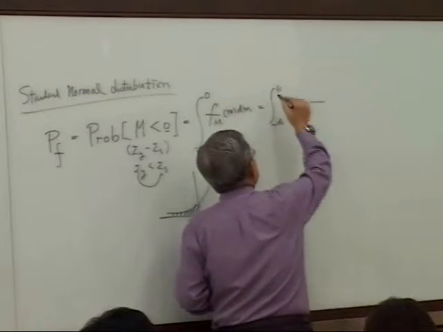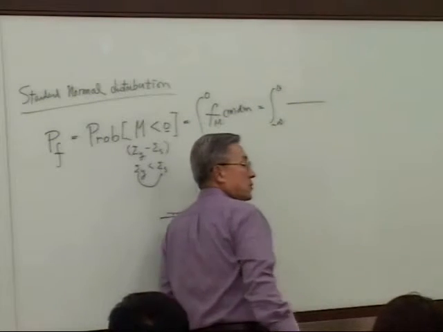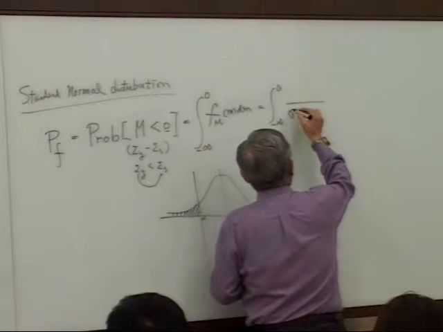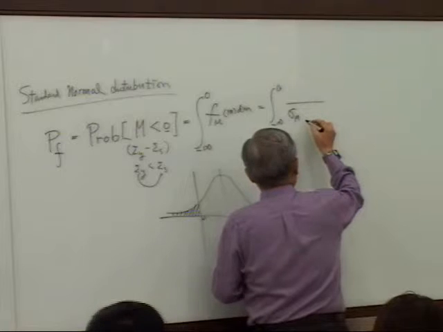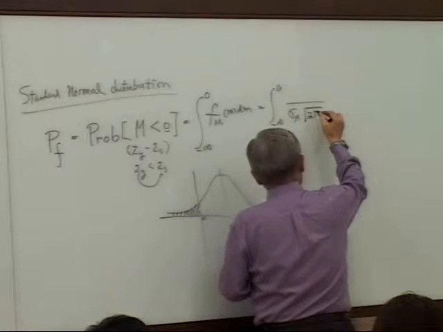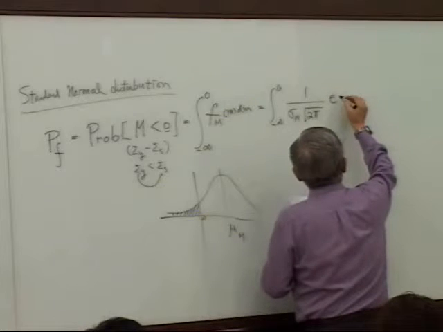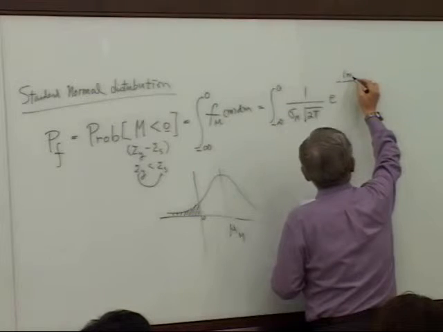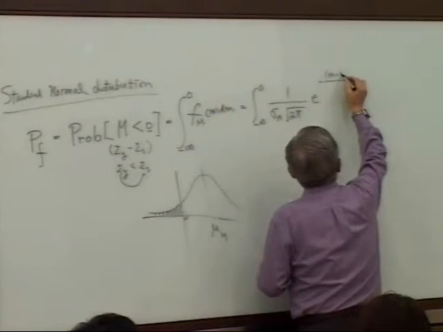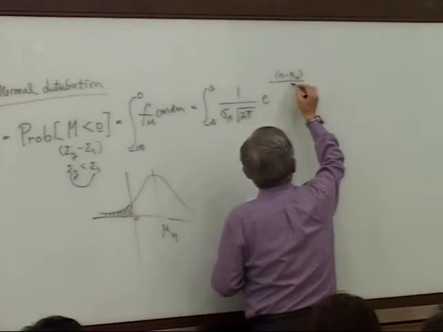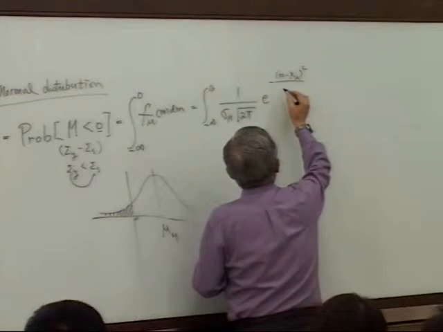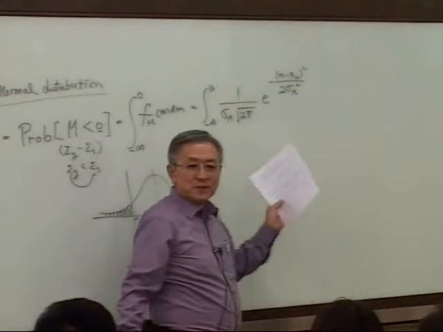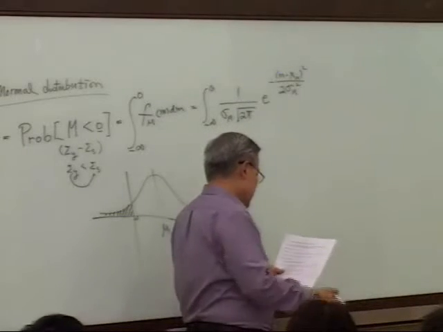Then you have to bring in the normal density function, right? So for the normal density function, I have to write this as 1 over sigma m root 2 pi, e to the minus m, the variable is m, minus mu m, squared, over 2 sigma m squared. Sigma m here is of course the standard deviation.